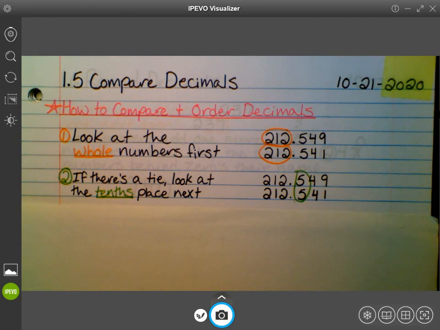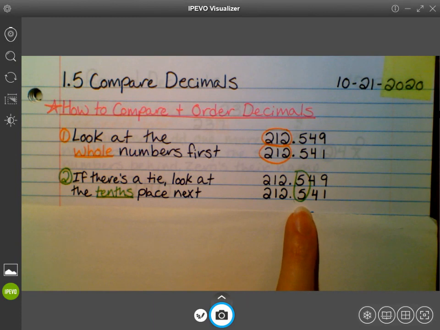tenths place next. Again, notice I underlined tenths. And then we rewrite the same numbers, but this time we're circling the tenths place in both of them, which is directly to the right of the decimal point. So make sure you are underlining what I underline and circling what I circle. Put a thumbs up when you have this written down. So number 2, if there's a tie, look at the tenths place next. Underline tenths.